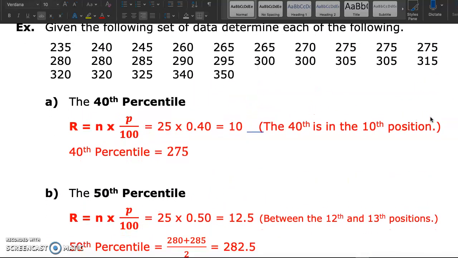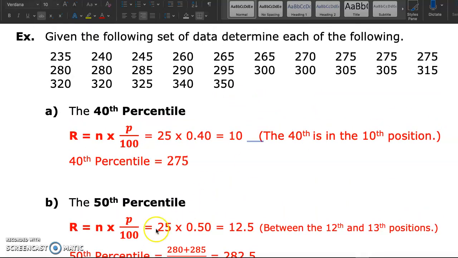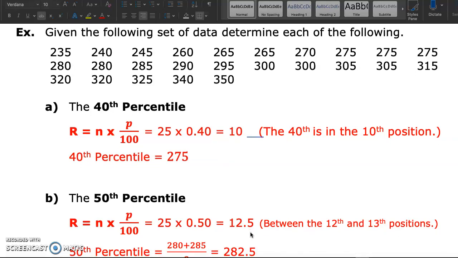If we were to look at the 50th percentile, so still 25 elements multiplied by 50 over 100. Notice that this just gives you the percentage as a decimal used for calculating. This ends up being a rank of 12.5. Well, that's between the 12th and the 13th element. So we will look at the values of element number 12 and element number 13.